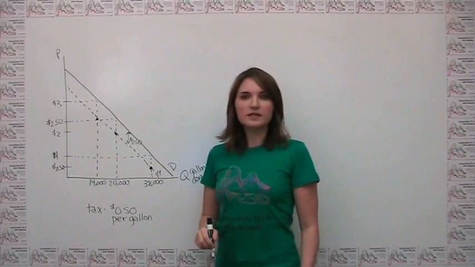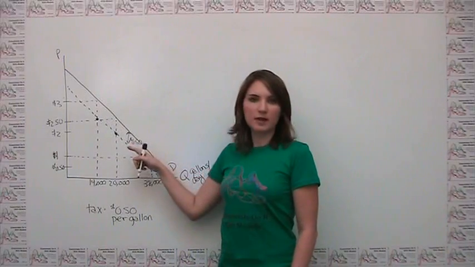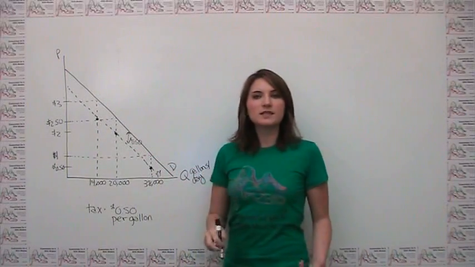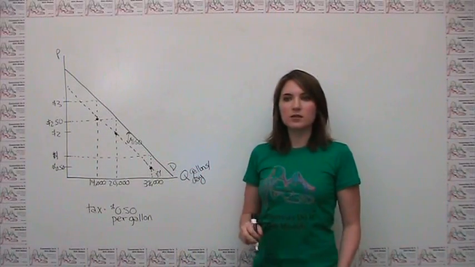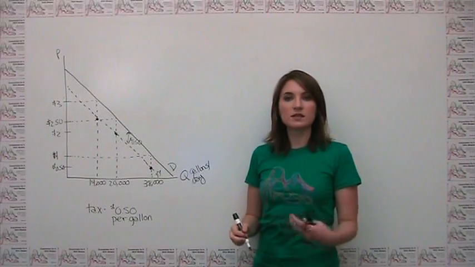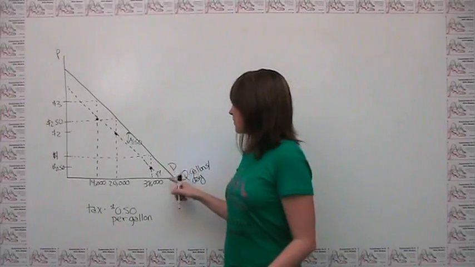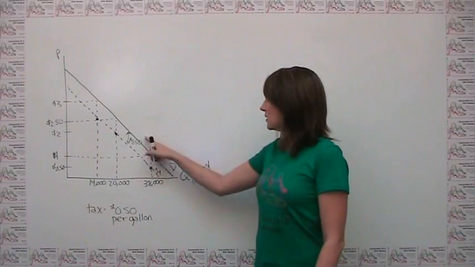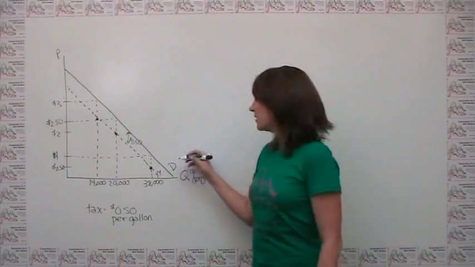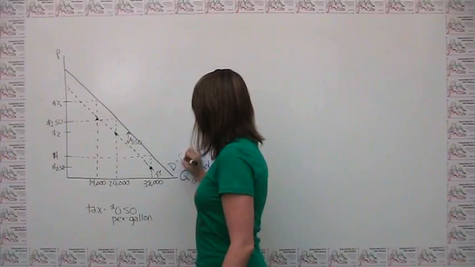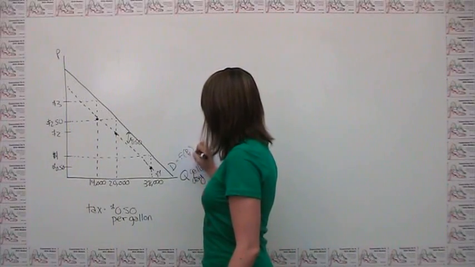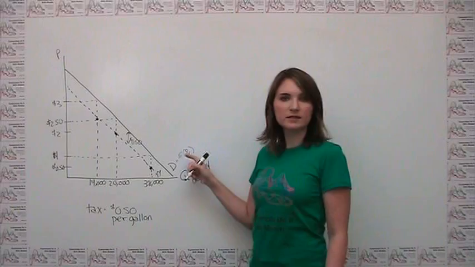Now, we call this the effective demand curve because it states the amount that consumers are willing to purchase as a function of the price that the producer gets to keep. If you remember from last time, we said that a regular demand curve is technically speaking a function of the total price that the consumer pays.